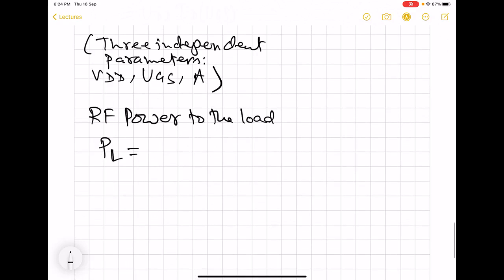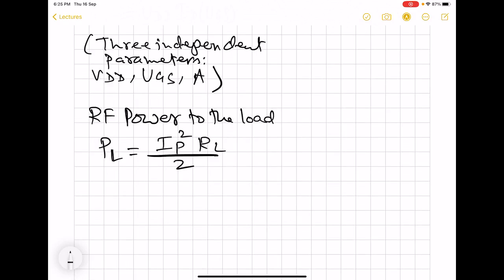So in terms of this drain current, we can write IP square RL by 2. Since we are considering the amplitude, that is why we have the 1 by 2 factor in the denominator. This is not the RMS value, this is the peak value.